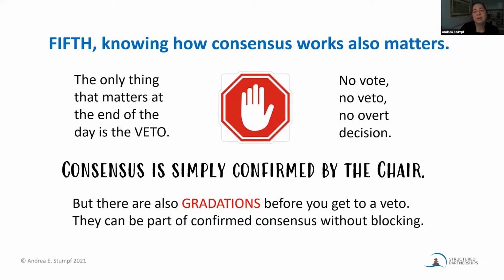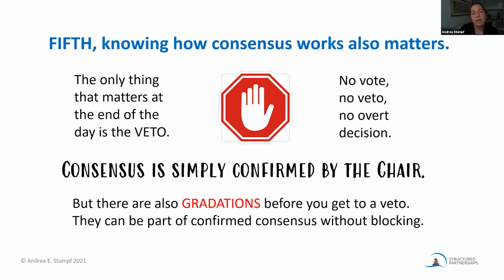It's as simple as a chair being able to confirm that the views in the room are agreed. And if anyone disagrees, of course, they would speak up at that moment and say, oh, no, I have my objection, or I have my concern. So it is this kind of informal, we agree, unless someone exercises the veto. And that's where it really matters.